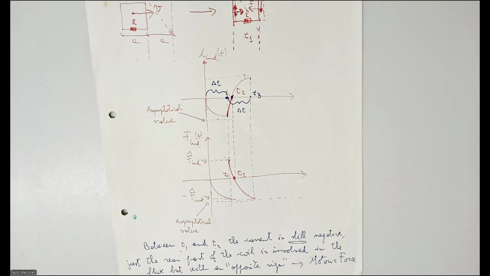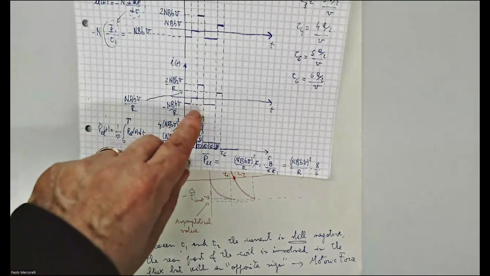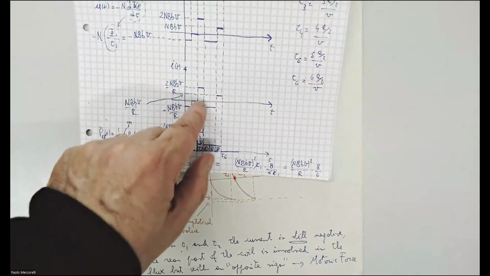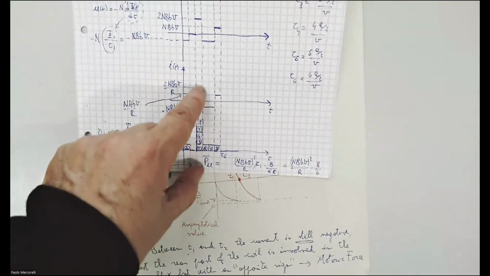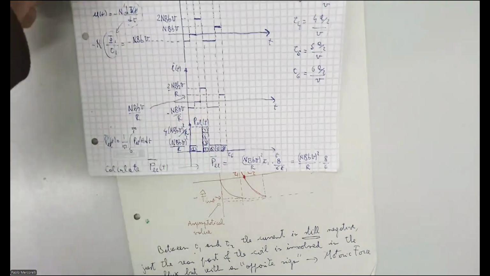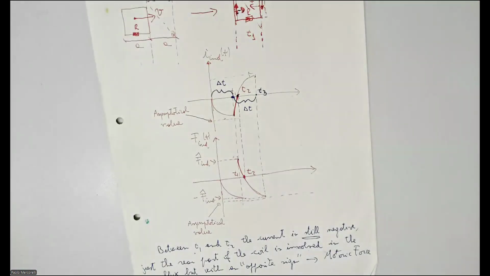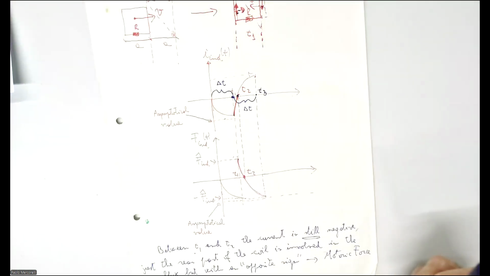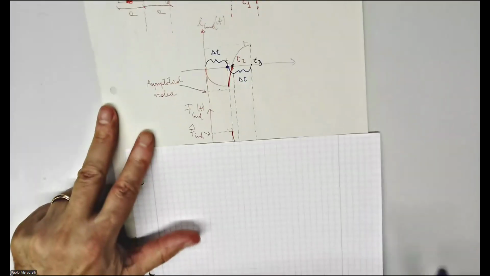Everywhere, that's now depend on the configuration, but also here. The current change, here for instance, change abruptly from plus to minus, from minus to plus. Here, if I have the inductance, that is not possible anymore because of the electrical inertia. We can also demonstrate mathematically, but let me go ahead in order to show conceptually what happens.